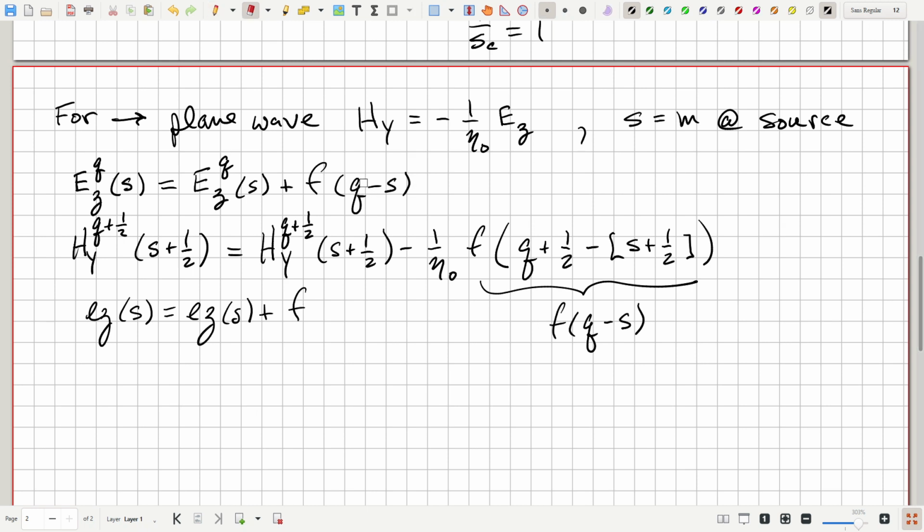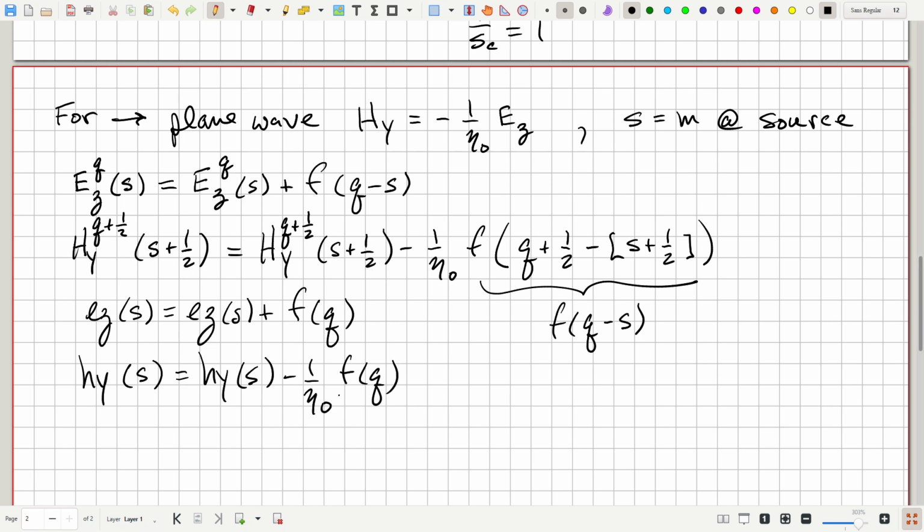And let's just shift the time axis so that we just call this f of q. And then H_y of s, we drop the plus 1/2 here for the magnetic field. And we just then are subtracting 1 over eta_0 times that same f of q.